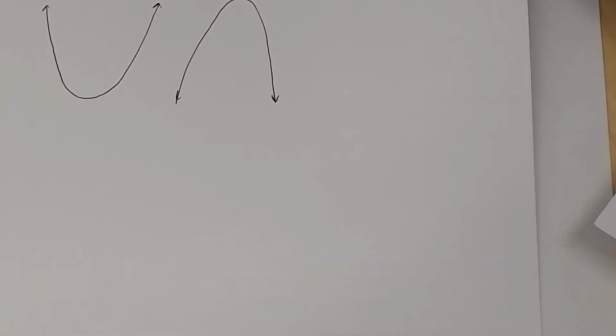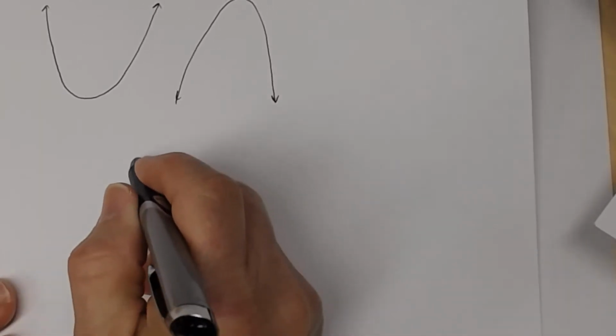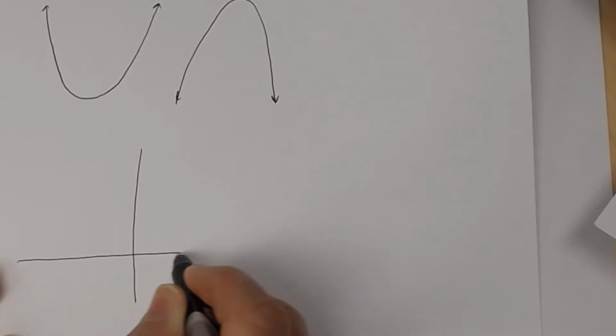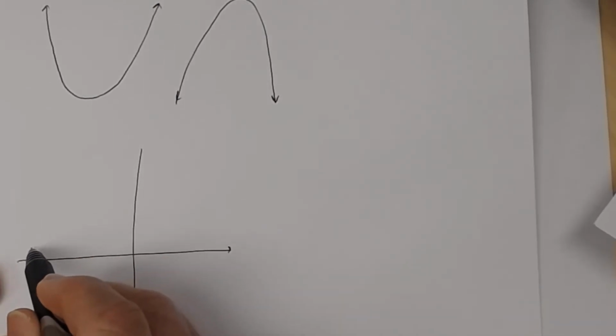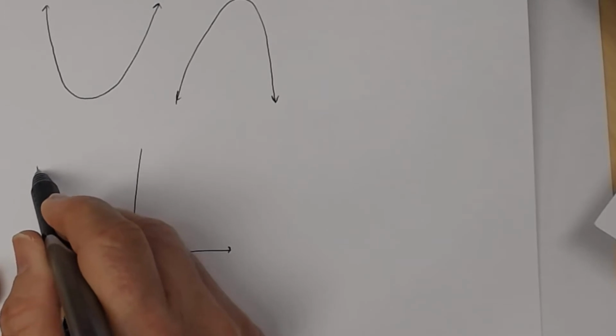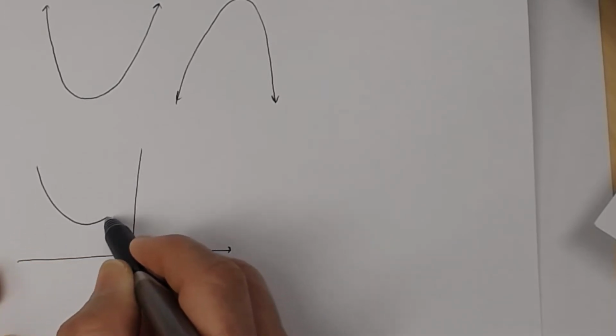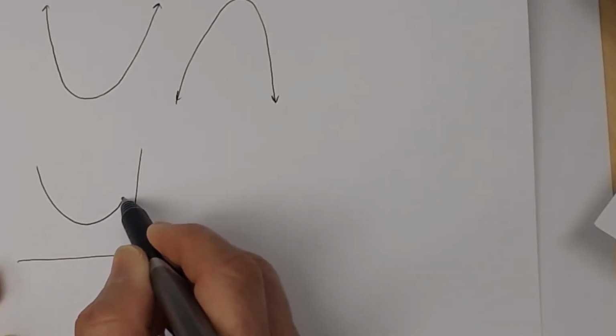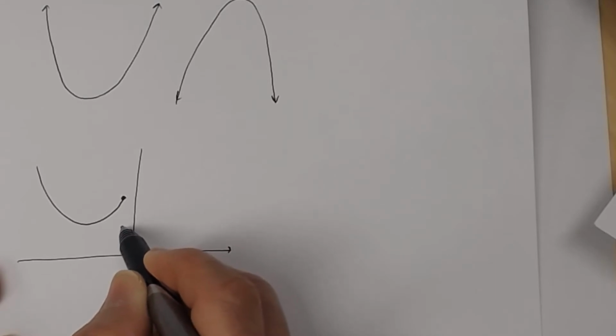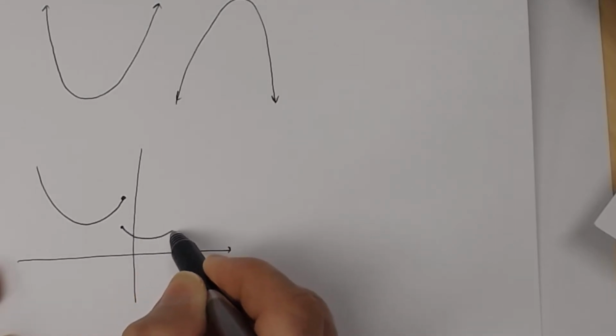Remember a while ago you graphed piecewise functions. When you graph piecewise functions, I want you to notice something. You could have graphed something that looked like this, and then all of a sudden you could have graphed something else that looked like this.